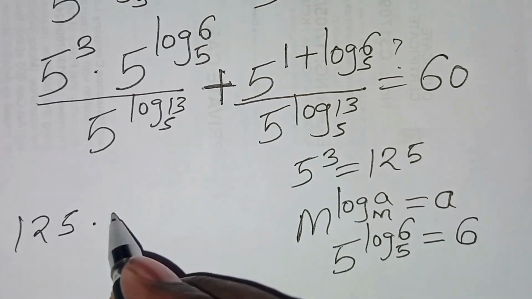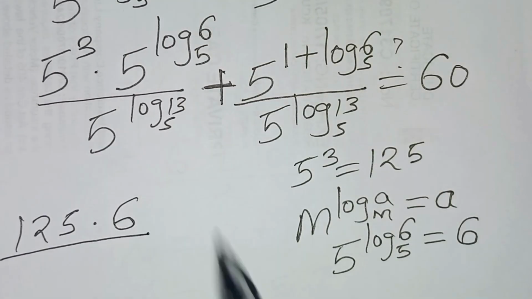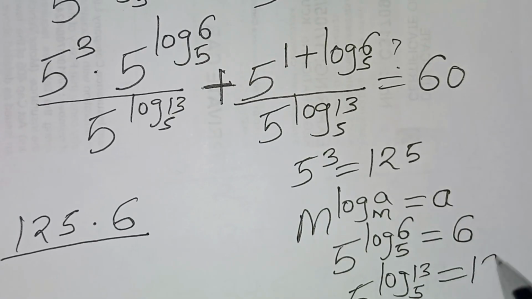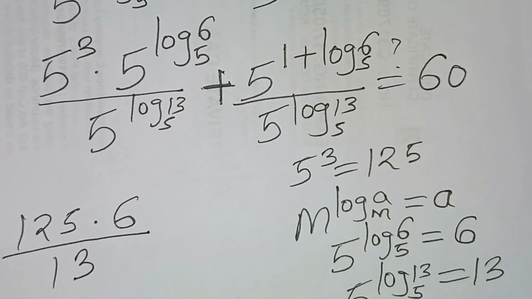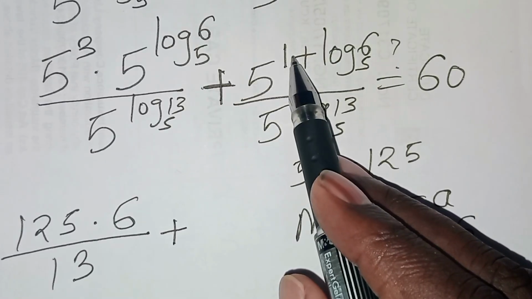Let's substitute: 125 times 6 divided by 5 to power log 13 to base 5, which gives us a value of 13. So we divide by 13, then plus, we have 5 to power 1.